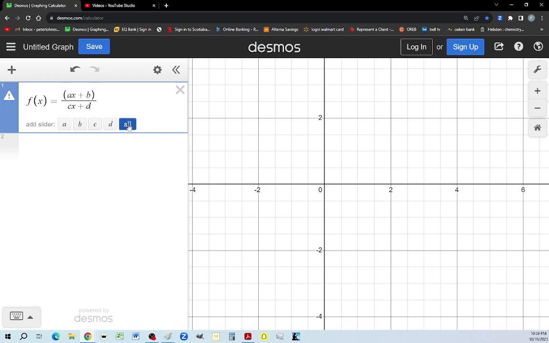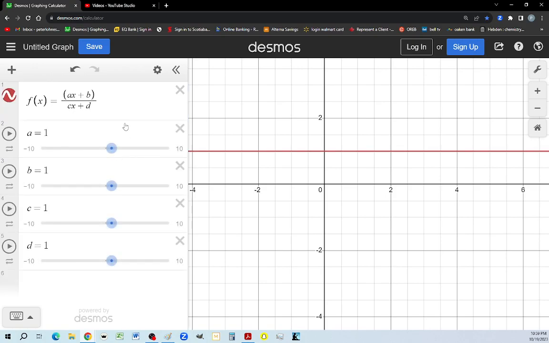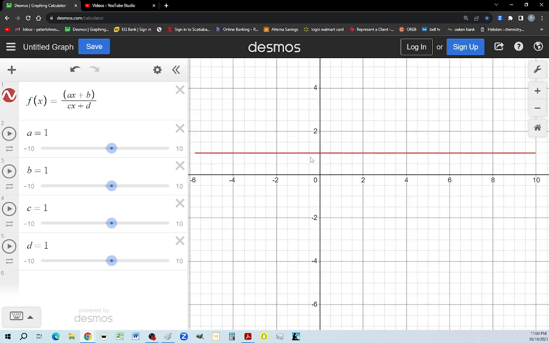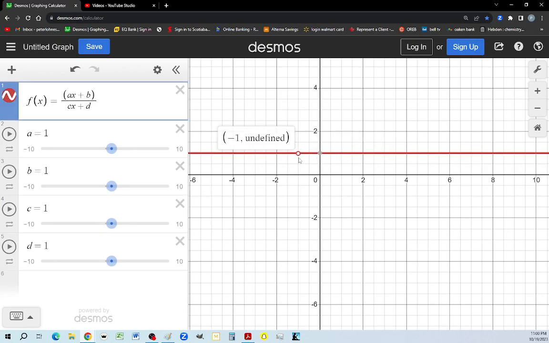And just say, oh, so when it's all 1, you really can't see a graph at all. It would be x plus 1, which is going to cancel out and form a solid line at 2. And you're going to see a hole somewhere along here, on the other side. There we go.